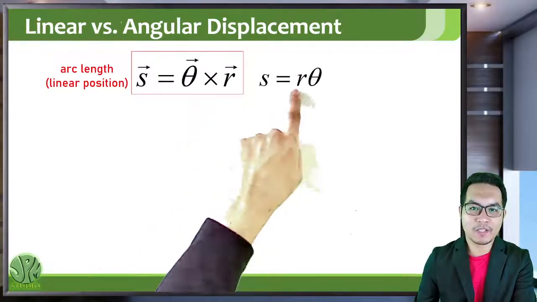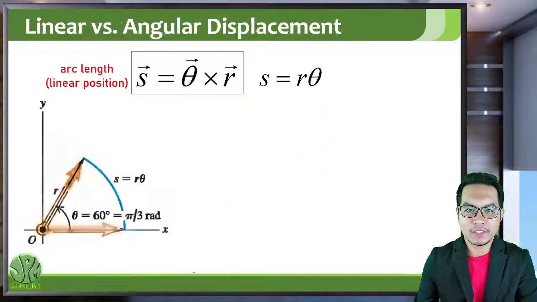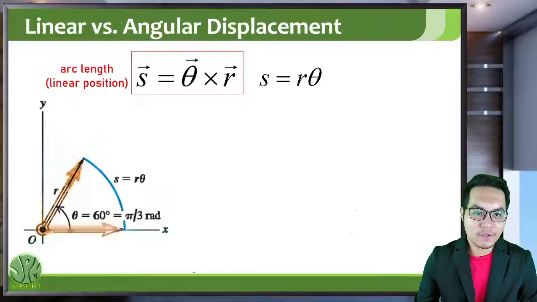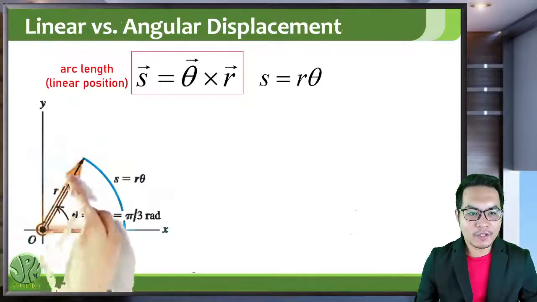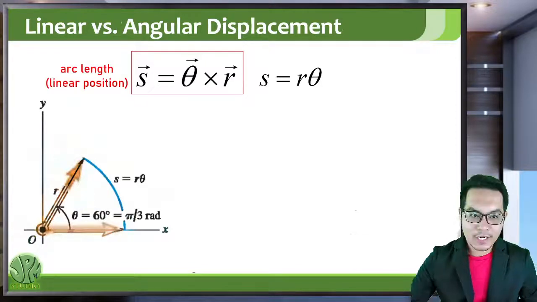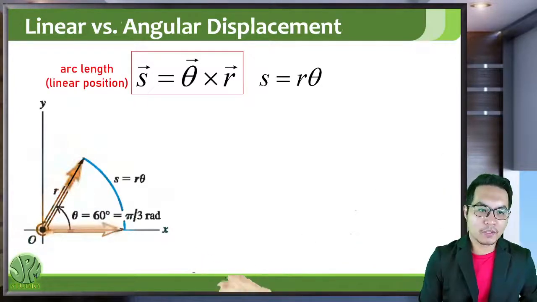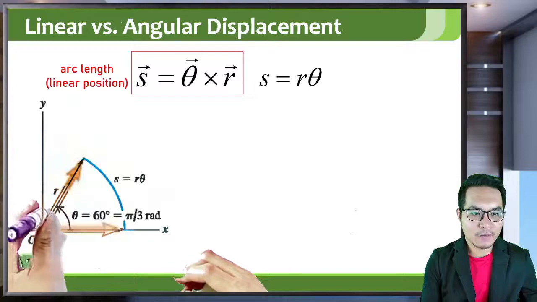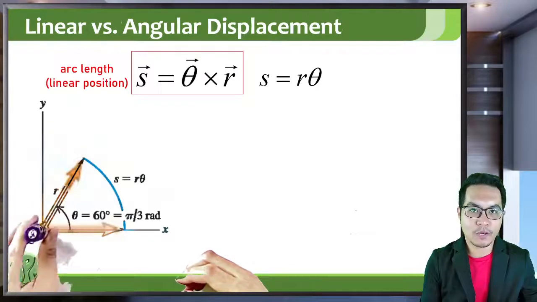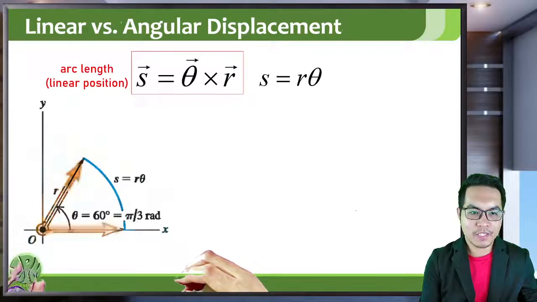So its magnitude is r times theta. So this is the radius vector r. The theta vector, if you will recall, is actually out of the plane or out of the page, so going towards you. That is the theta vector.